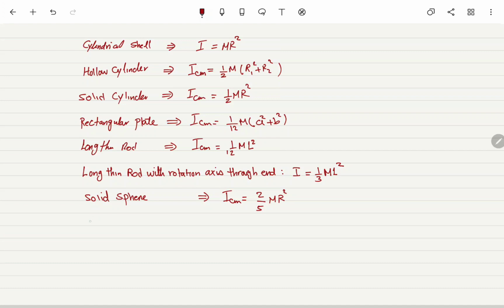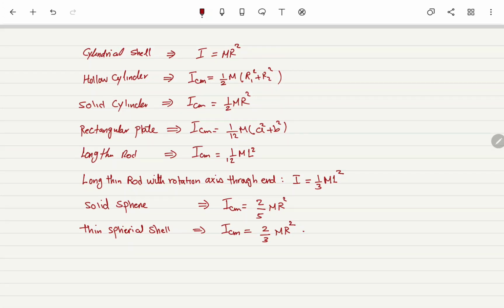A thin spherical shell has a moment of inertia equal to 2 over 3 m r square.